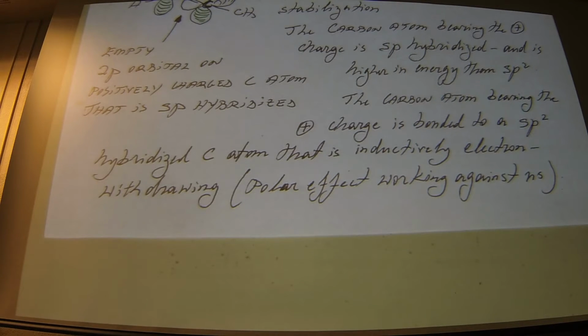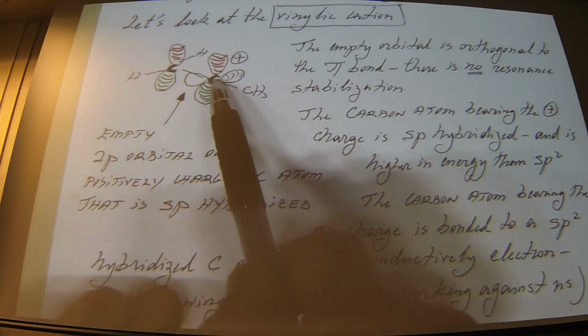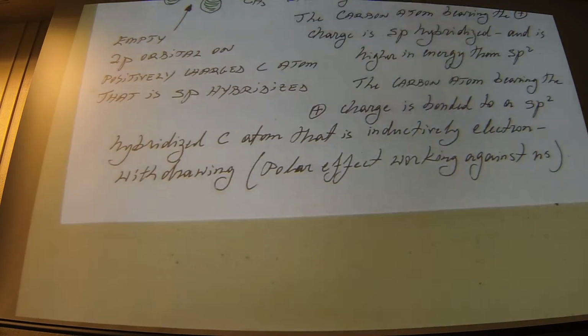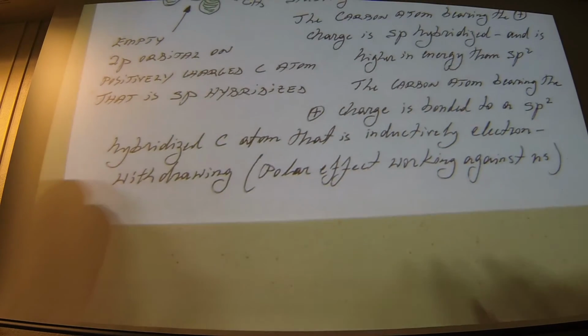Well, here you have an sp2 hybrid bonded to the positively charged carbon atom. This is sucking electron density out of that carbon. And so, bad for two reasons. Not resonance stabilized, also bonded, think of it as just being bonded to an electronegative atom. That's what it is. So inductively it is being destabilized.